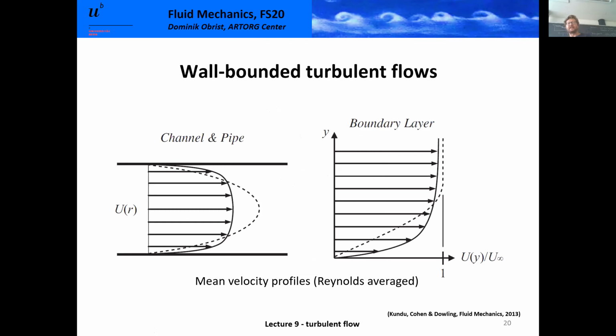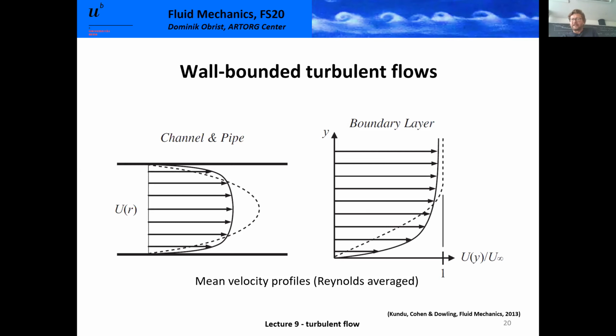But what I would actually like to show here, because this has some very direct practical applications, are wall-bounded turbulent flows. The wall-bounded turbulent flows are, for instance, the channel or pipe flows. You remember when we did exact solutions, we came up with this parabolic profile. That's the flow you can see here on the dashed line on the left-hand side.